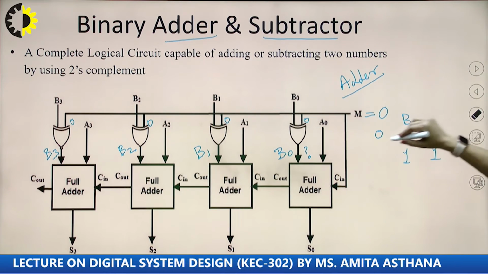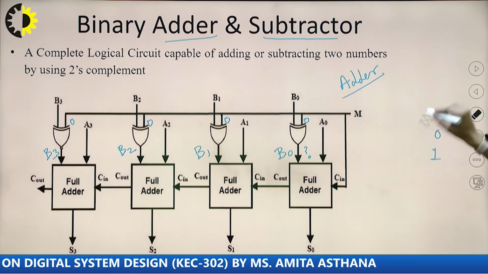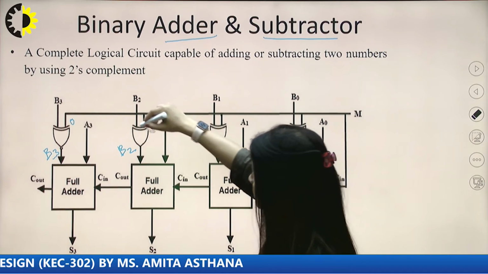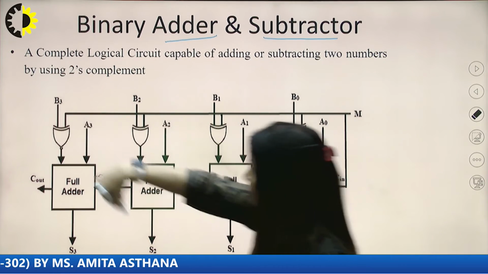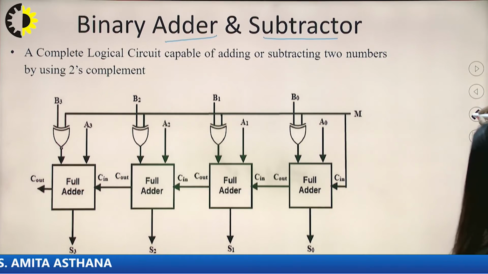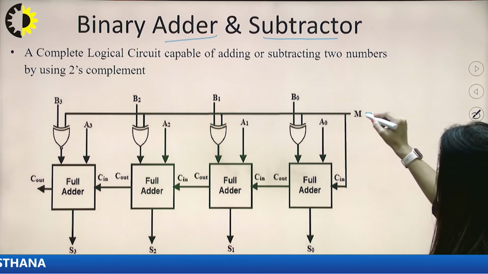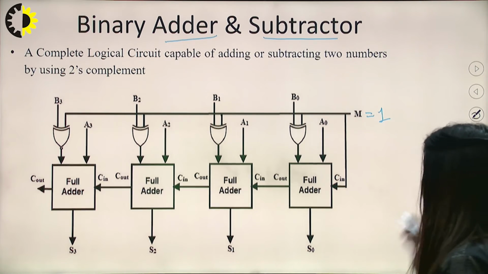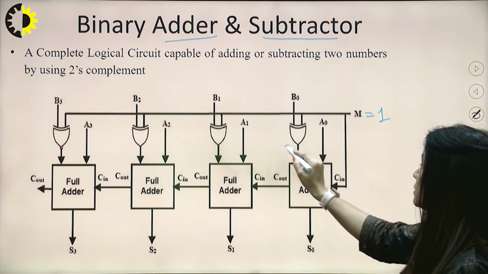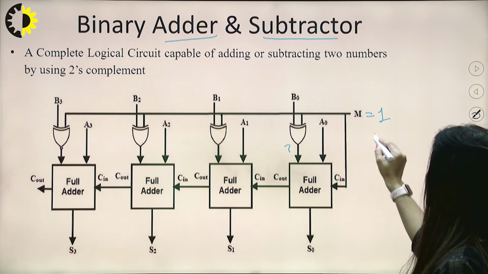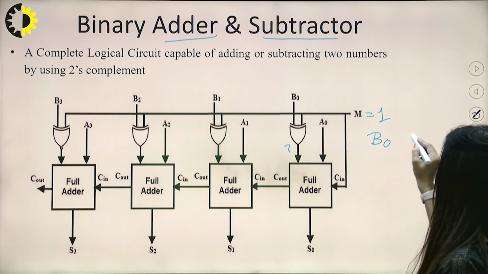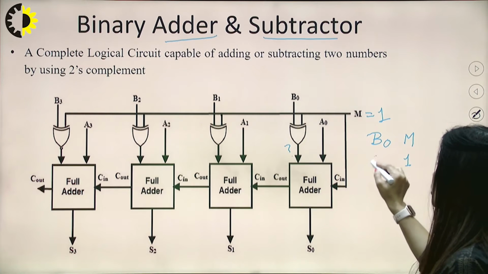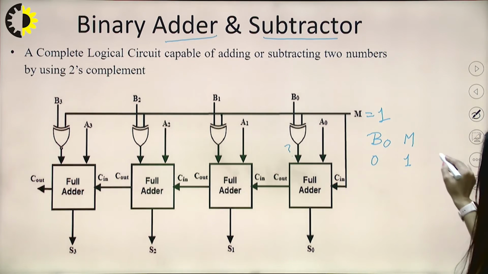Now, the next case, when M is equal to 1. Whenever M is 1, let us see what comes here. This is B0 and this is M. If B0 is 0 and M is 1, the output will be 1.